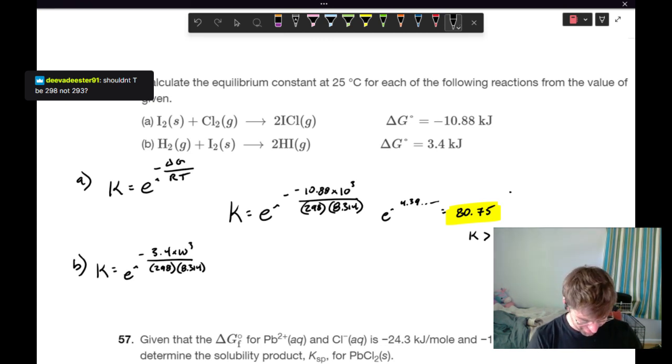I'm going to check this again. 3.4 times 10 to the 3 divided by 298 divided by 8.314 to the negative 1.372, etc., gives us 0.25.